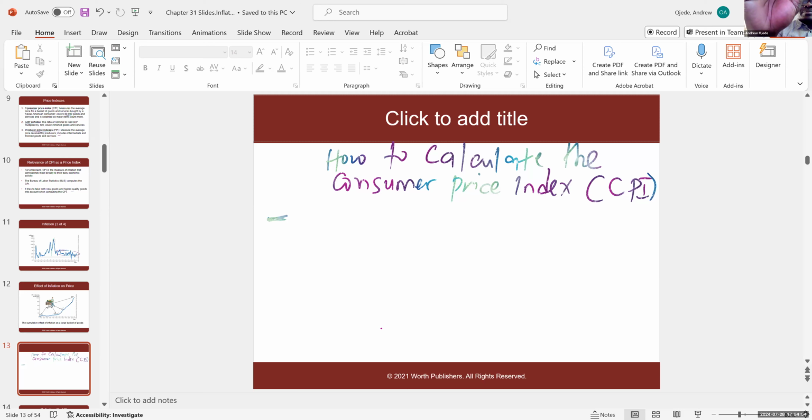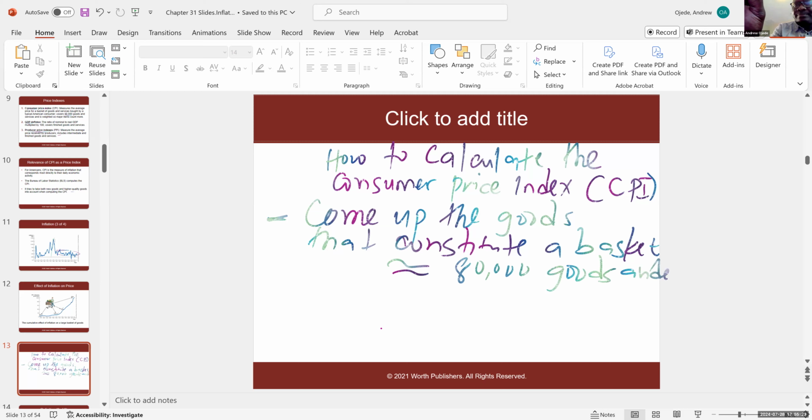So the Bureau is going to come up with the goods that constitute a basket. For the United States CPI, the number of goods in the basket is about 80,000 goods and services, different types of goods and services.